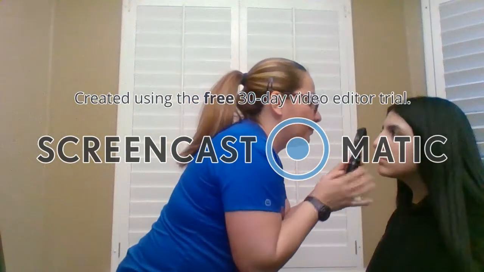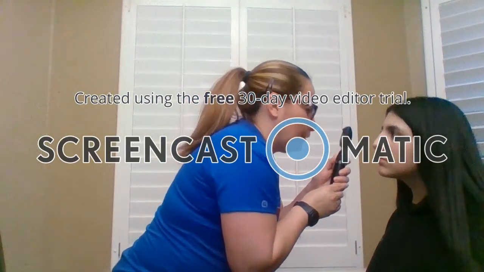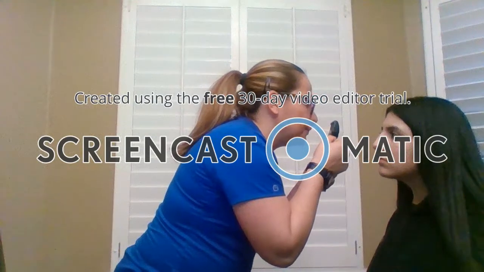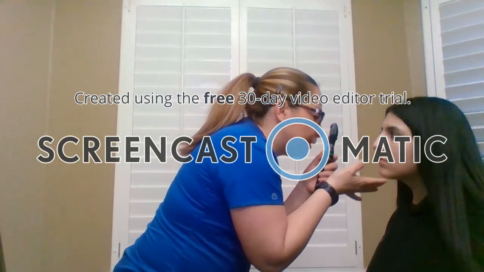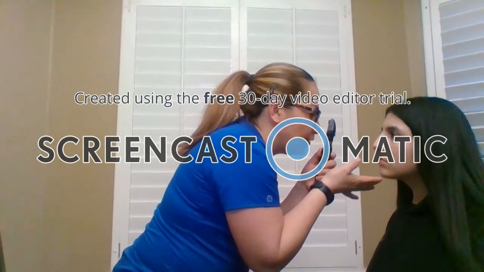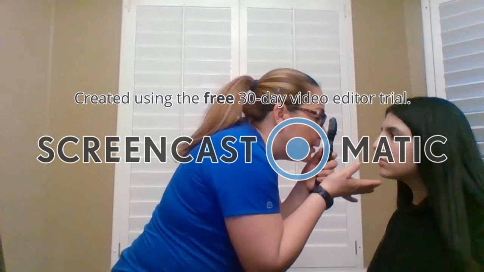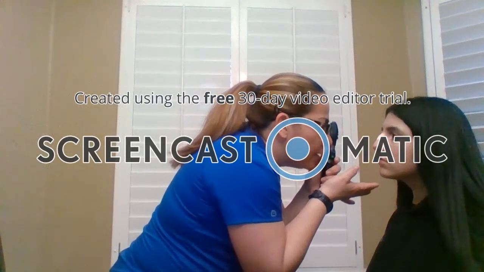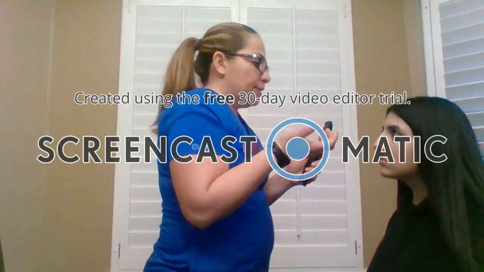I have to stand up. And then around 15 inches away, you're going to start putting the light on her pupil. What you are looking for here is the red reflex. In this case, I don't take my glasses off because I have astigmatism.